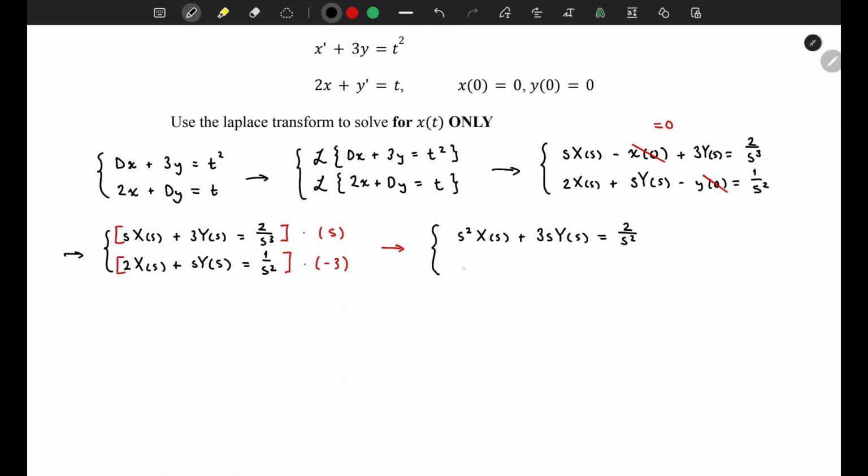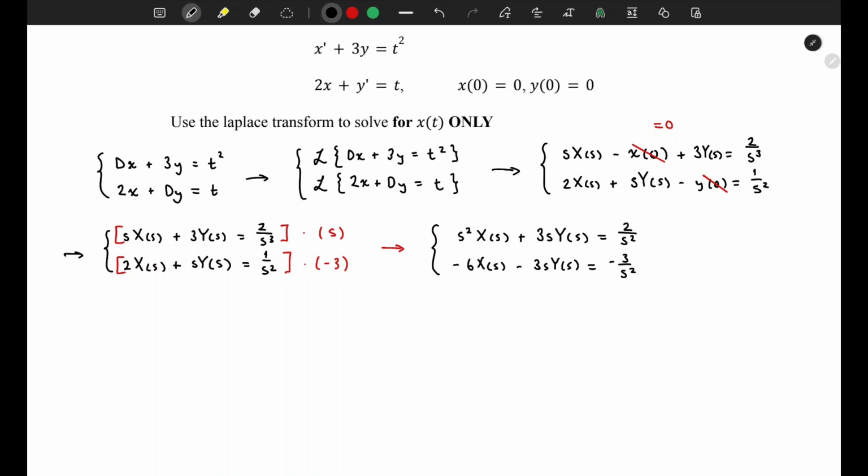And in our second equation, 2 times negative 3 is negative 6. Negative 6X of s minus 3s Y of s, and that is equal to negative 3 over s squared, just like that.